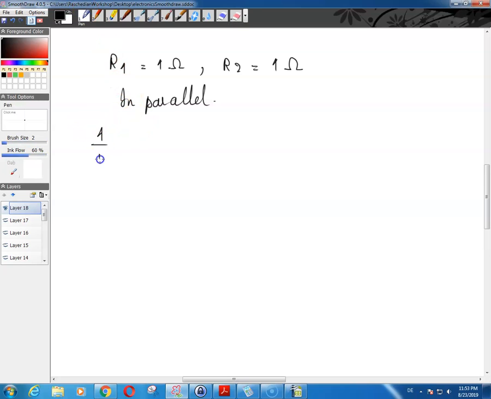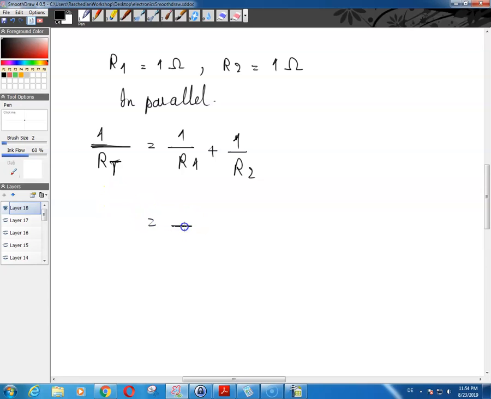You know that 1 over R of t is equal to 1 over R1 plus 1 over R2. Of course, in this case, since these resistors are connected in parallel and have the same value, the equivalent parallel resistance is going to be 1/2 ohm, but we can calculate it.